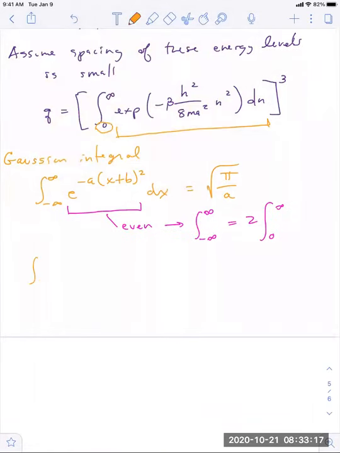So if we divide this by 2, we know the integral over the domain we're interested in just equals the square root of pi over 4 times a, where a in our case is this constant coefficient that pops out.